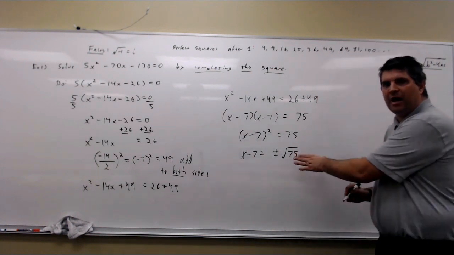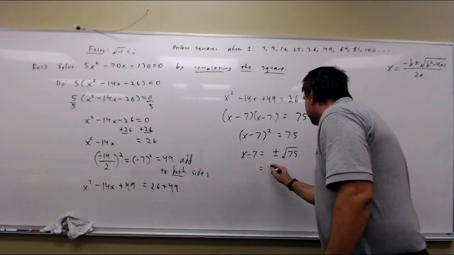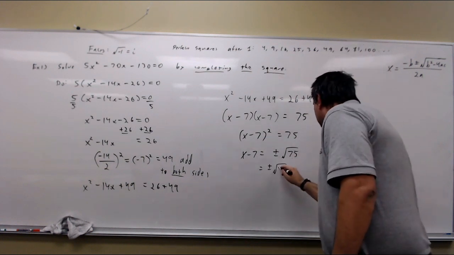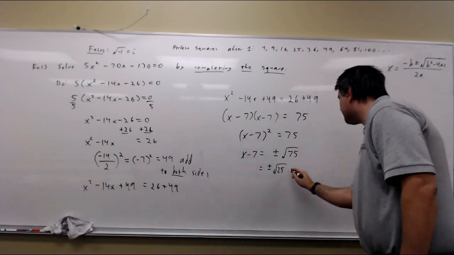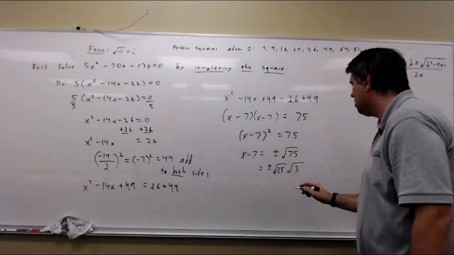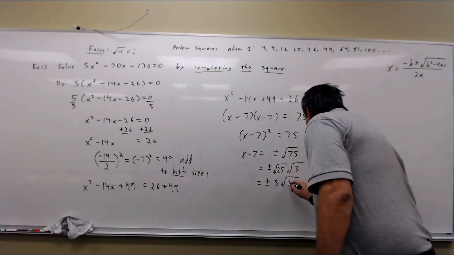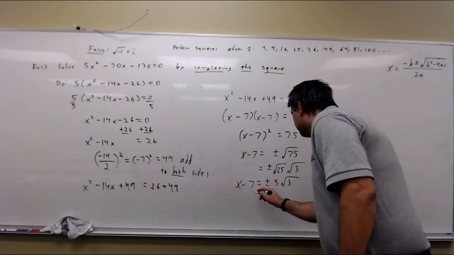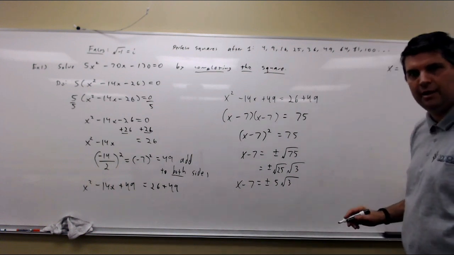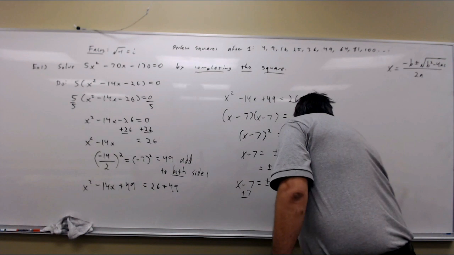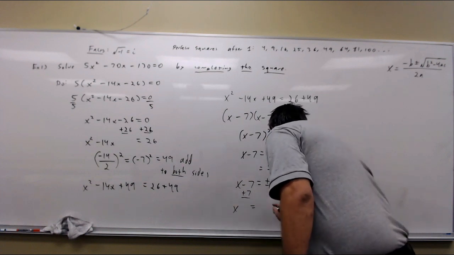Now we reduce the radical before we do anything else. 75 is divisible by the perfect square 25. And 75 divided by 25 is 3. So that gives me plus or minus 5 square root of 3. Okay? Then we add the 7, and x equals 7 plus or minus 5 square root of 3.